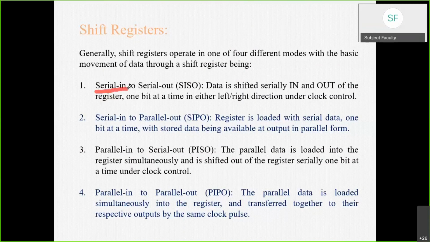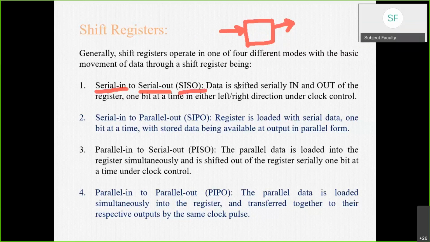Serial in means the input you are giving is in serial configuration. Okay, 1010. That means you are sending your data bits one after the other. That is called serial in. Serial in to serial out means your output is also serial. Your input is serial and your output is also serial. So it is called SISO.